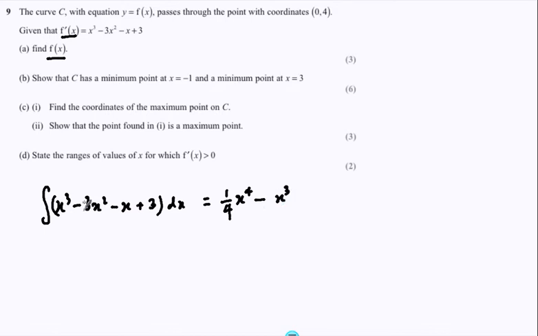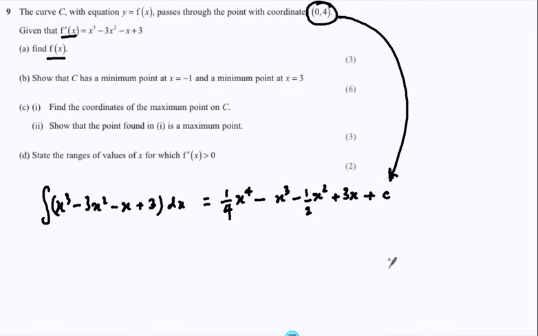Bump the power and 3 divided by 3, bump the power, divide by 3x. And of course the problem with integration is we get a plus c, which is why they've given us that condition there, and that's going to tell us what plus c is.